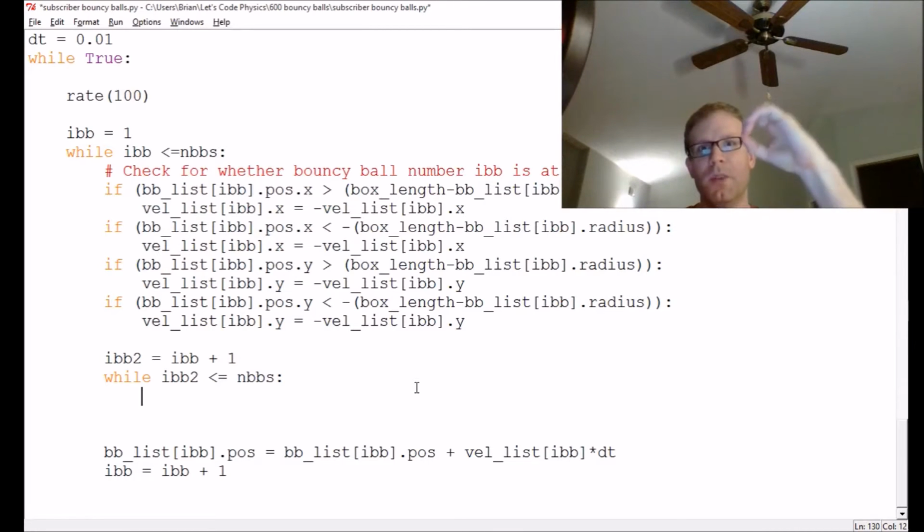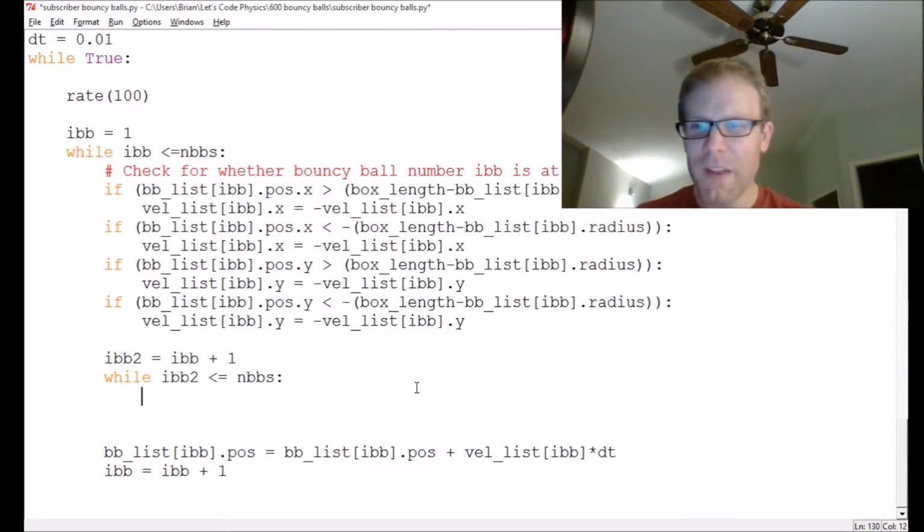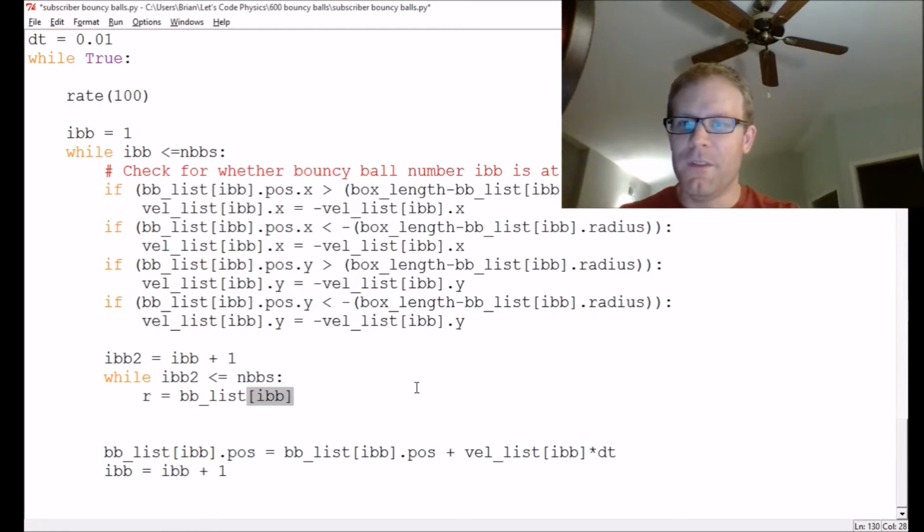You'll have one bouncy ball with its radius, another bouncy ball with its radius, and we want to check to see whether their positions are within the range of their two radii. So we have to calculate the distance between the two. We're going to define a new vector r, and that's just going to be the position of the first bouncy ball. Actually, I think I set it up as 2 minus 1 in the notes, so we'll say the second one.